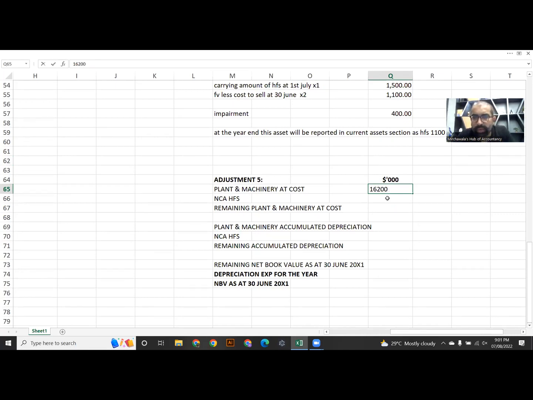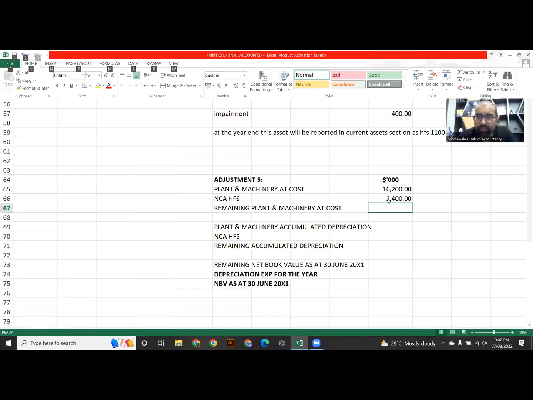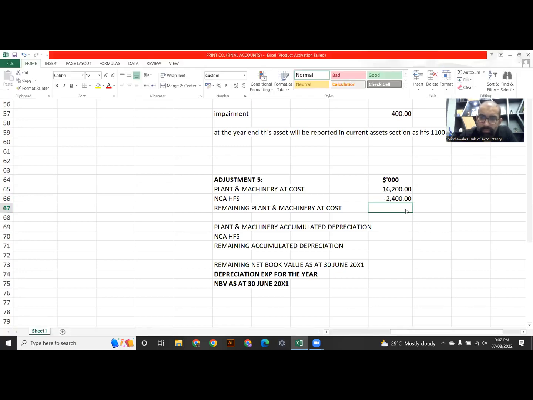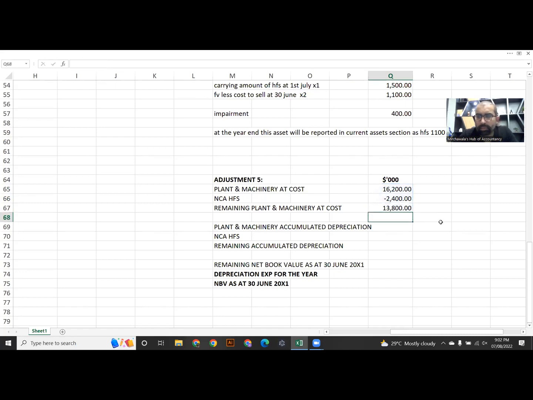First, remove the held for sale cost, which I think is 2,400. So you have 13,800 as the remaining cost.